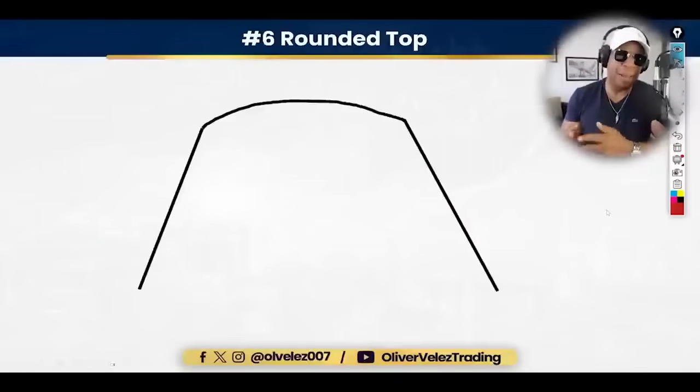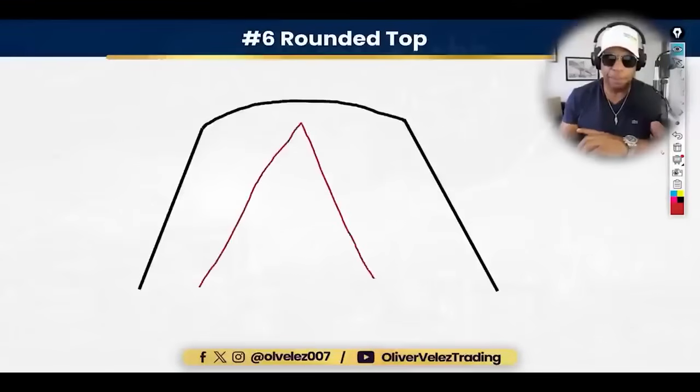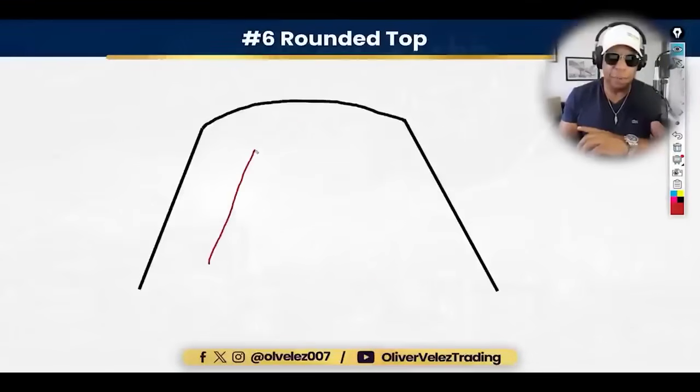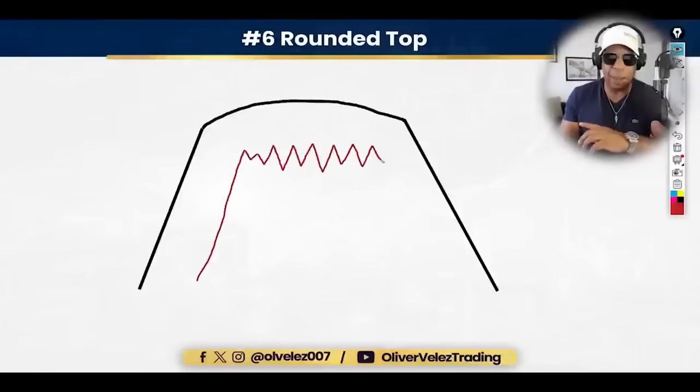Okay? And then top number 6, you get sometimes, it's this sort of rounded, sloping top. It's not a V. All right? So it's not a V. It's not a double top. It's not quite a sideways top.